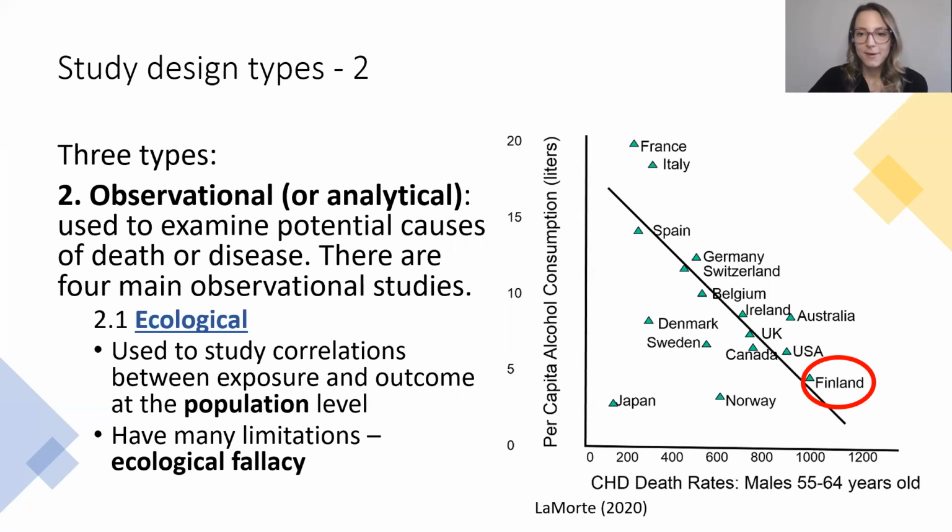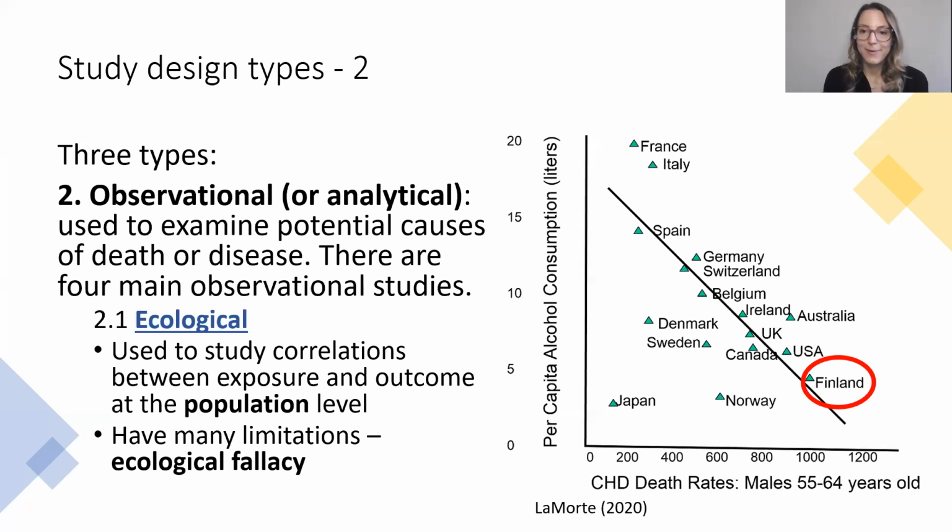So in the figure there, it's plotting per capita alcohol consumption against heart disease death rates, specifically in males in the 55 to 64 age category.